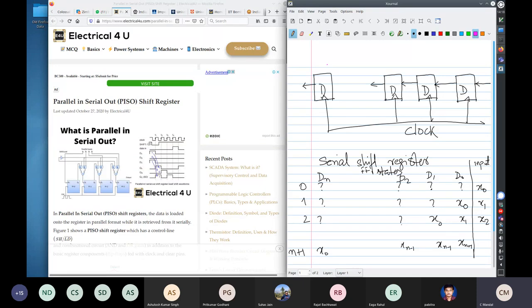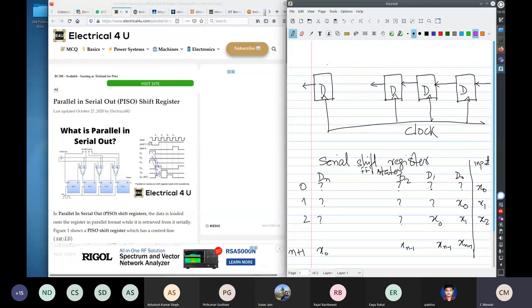For a D flip-flop, whatever data you shift in will override whatever unknown value you might have inside. So if you look at the output, initially it will be unknown, X, and as you start shifting, those X's should be replaced by whatever data you are shifting in. All right. So that is what you need to do.